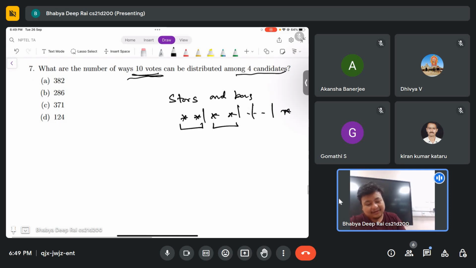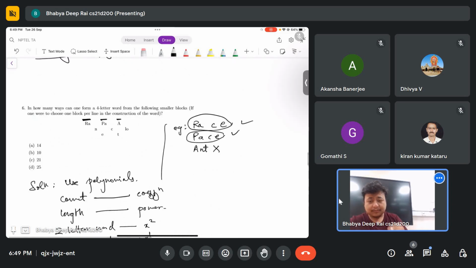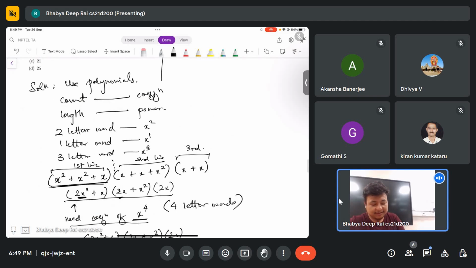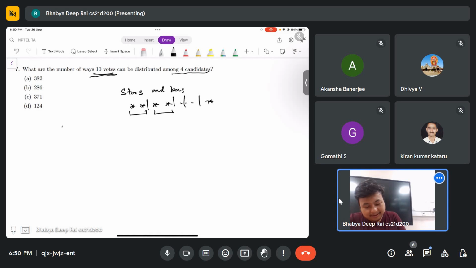So first, let's look at the previous problem about choosing these words. Each of these multiplicands showed the choices for the first line, then the next multiplicand showed the choice for the second line, and then the third line. Similarly, we'll do the similar thing.